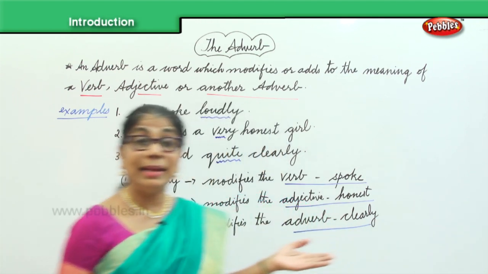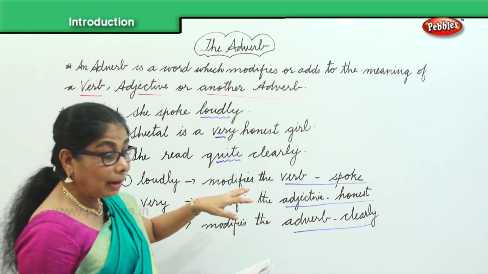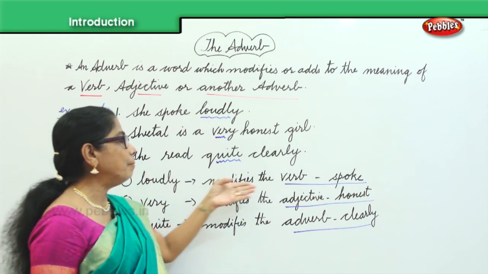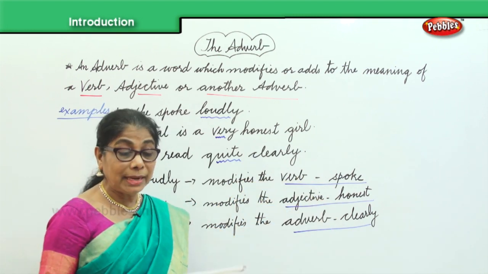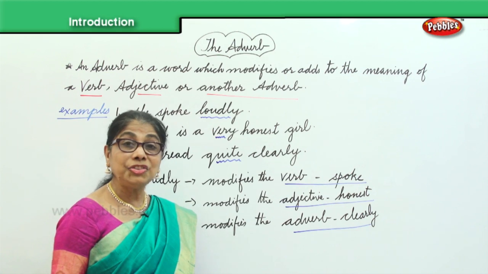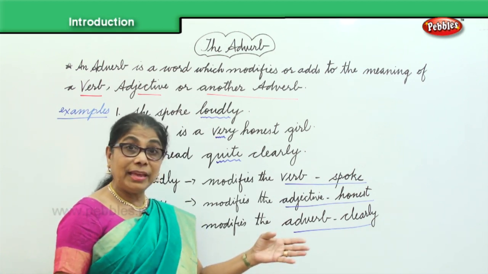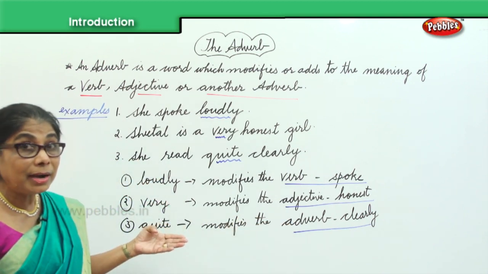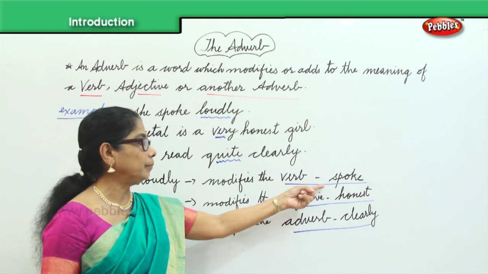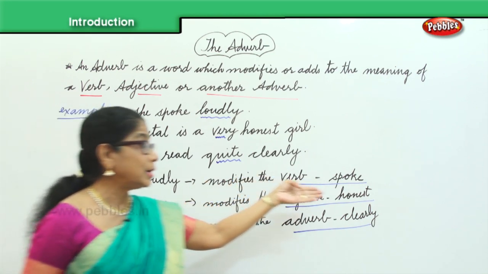Came is a verb. So yesterday modifies the verb came. Supposing I say, the sun shines everywhere. So everywhere is an adverb. The word shines is a verb. So everywhere modifies the verb shines.